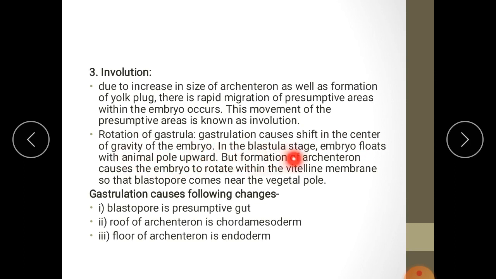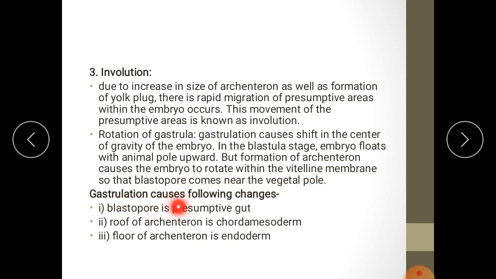In the blastula stage, the embryo floats with the animal pole upward. But formation of archenteron causes the embryo to rotate within the vitelline membrane so that the blastopore comes near the vegetal pole.